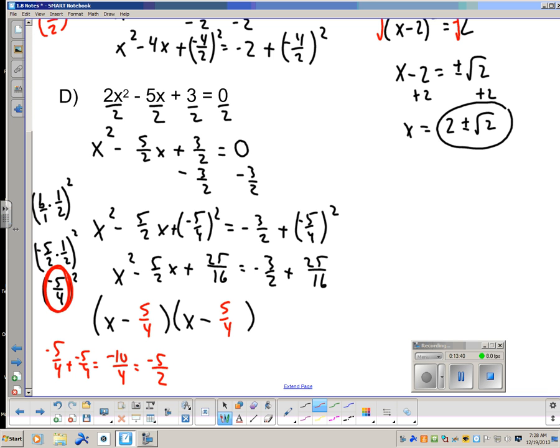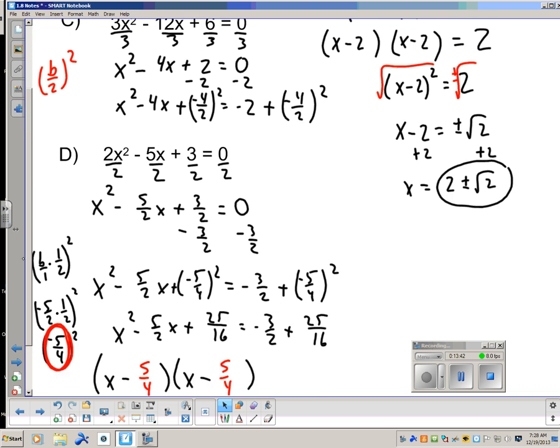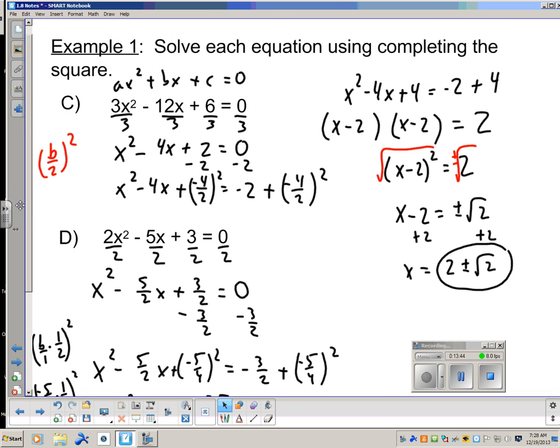So if we back up, you can see the same pattern up here, we took our b divided by 2 here. So over here, the negative 4 halves there, if I clean that up, which I did, that would become a negative 2, and then I would square it, right?